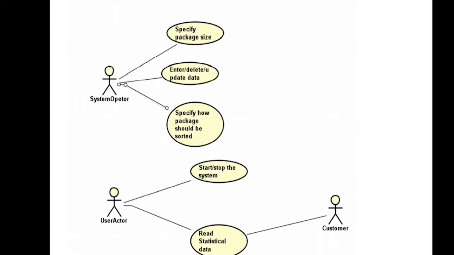As a system operator, I would like to enter new items into the database. As a system operator, I would like to specify the sizes of that package. As a system operator, I would like to specify the details of how the package should be sorted. As a system operator, I would like to delete and update data.